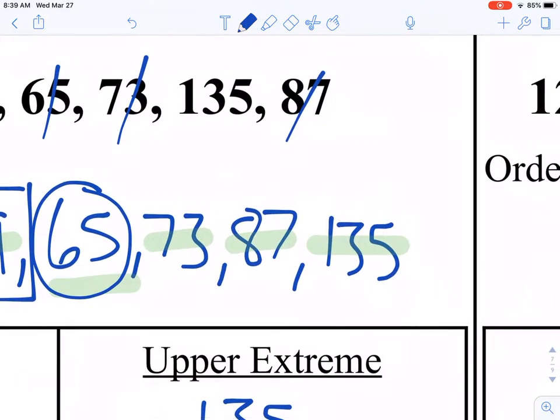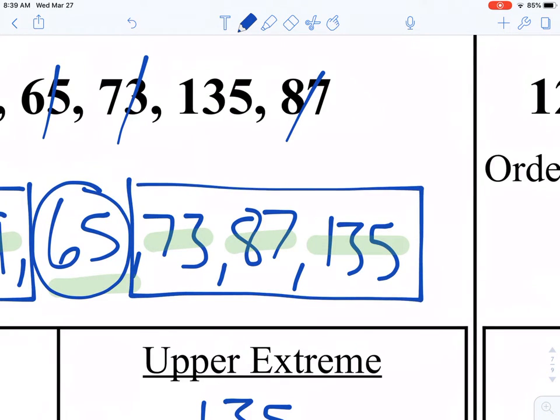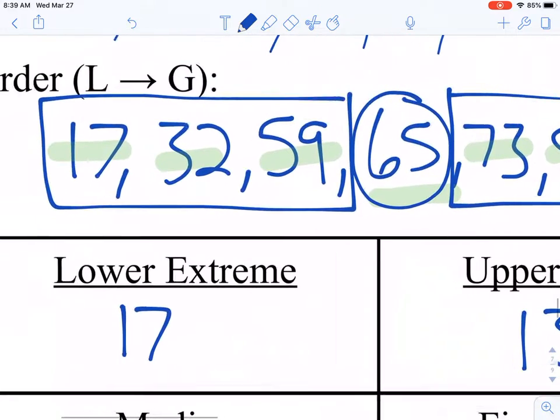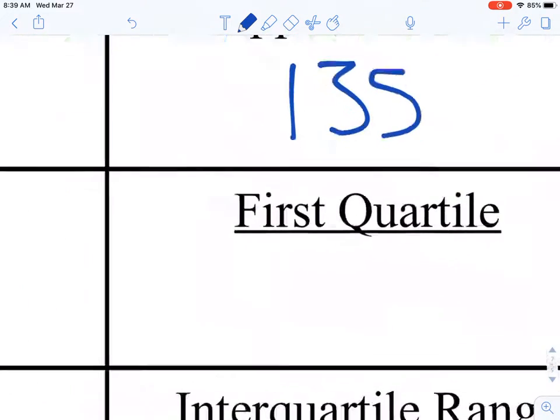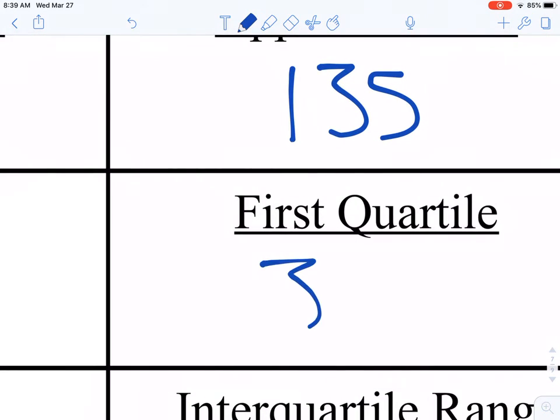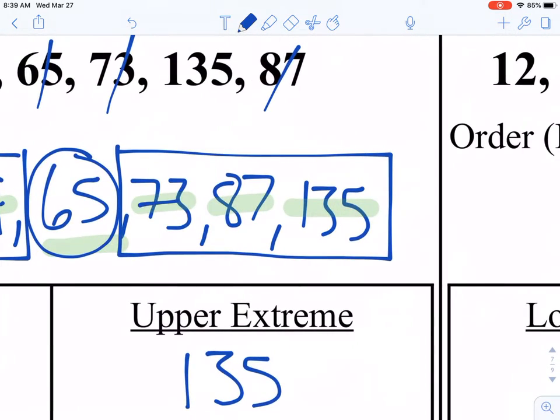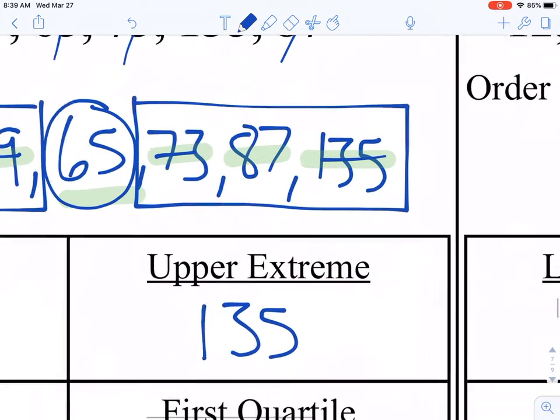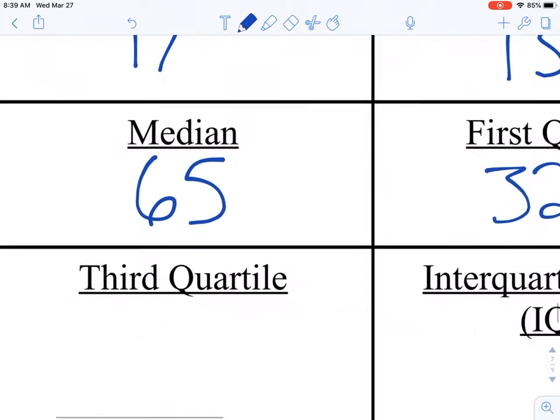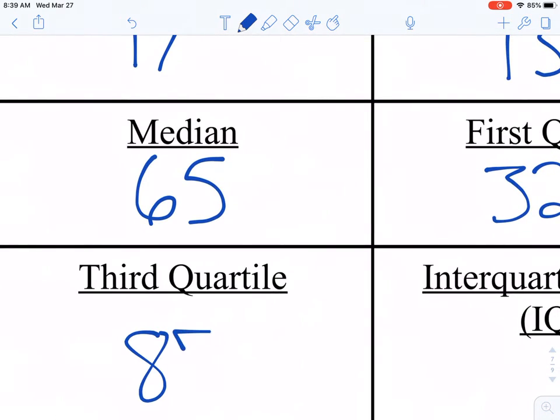And in the upper set of data, we again don't need the median. If we cross out here, the middle number of this set is 32. So the first quartile, or lower quartile, is 32. And then here we'd cross out 73 and 135, and we'd be left with 87 as our third quartile.